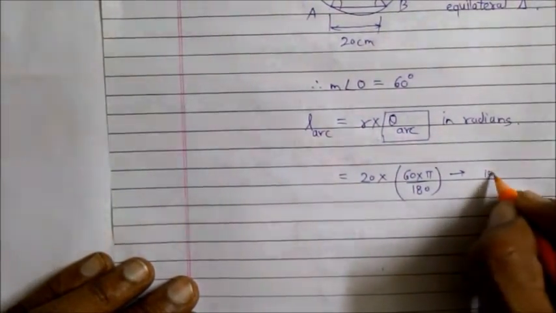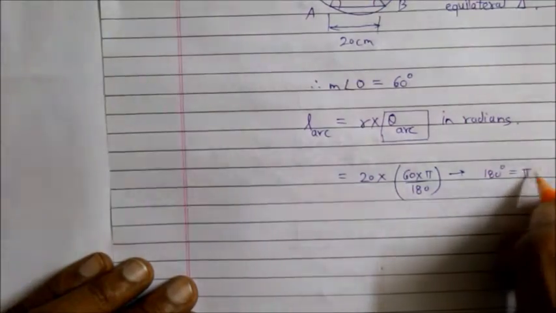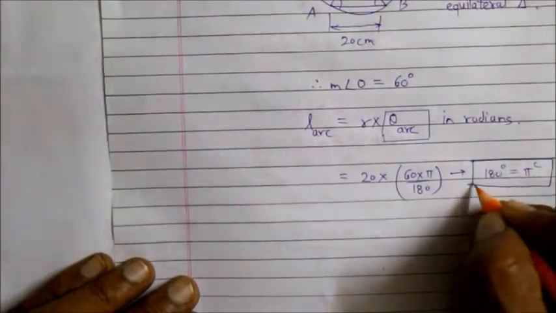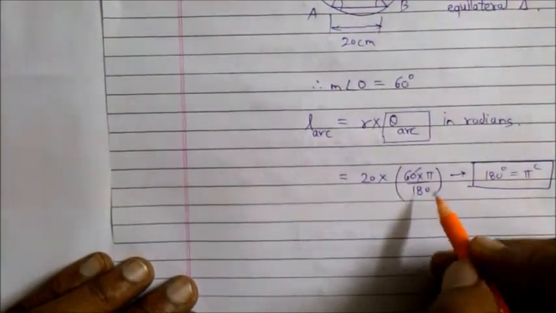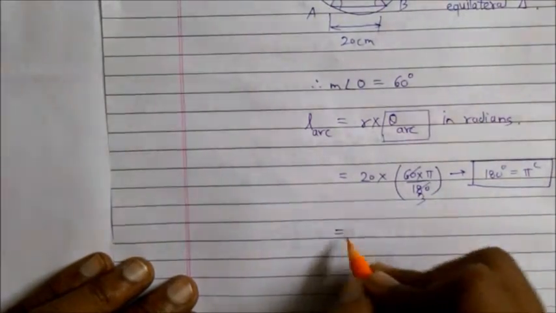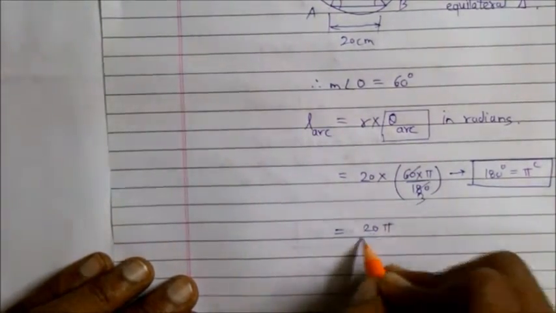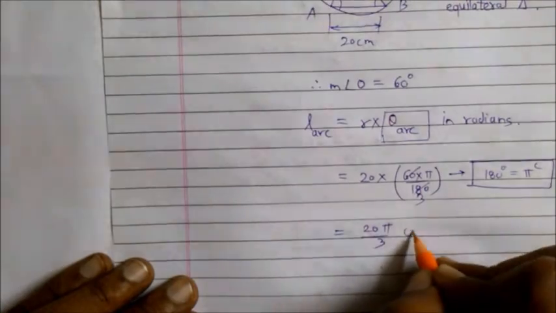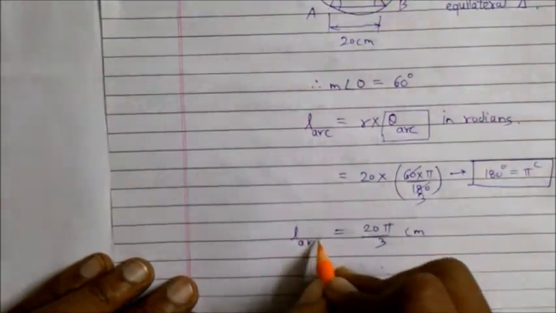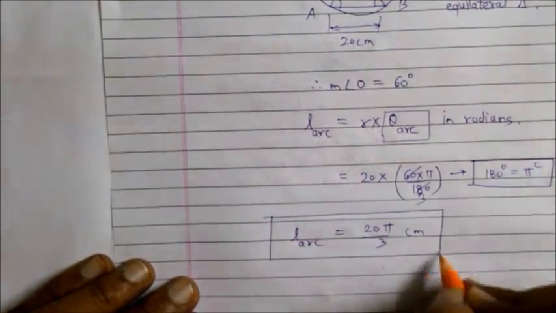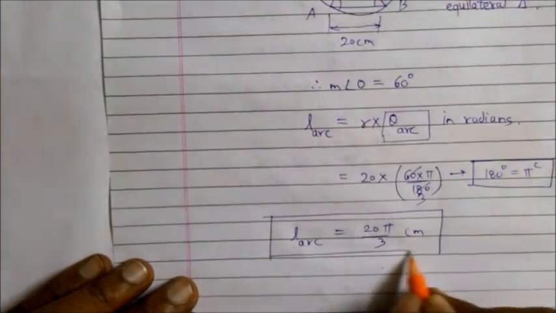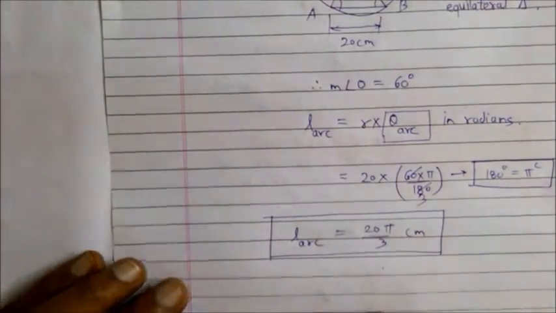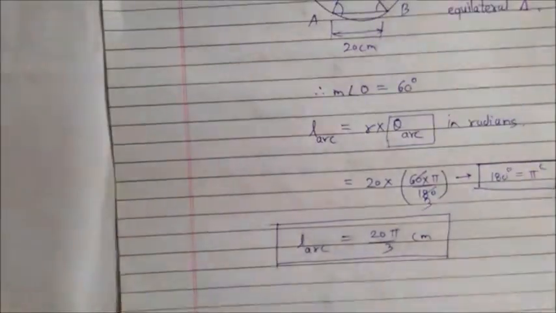I have found this by using the relation 180 degrees is equal to pi radians. So on simplifying this, it will be 20 pi upon 3 centimeters. Therefore, the length of the arc is 20 pi by 3 centimeters.